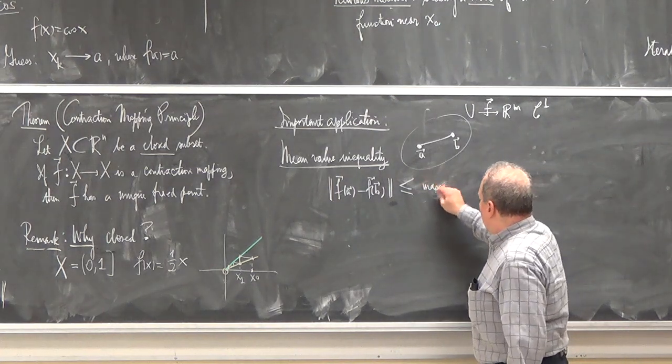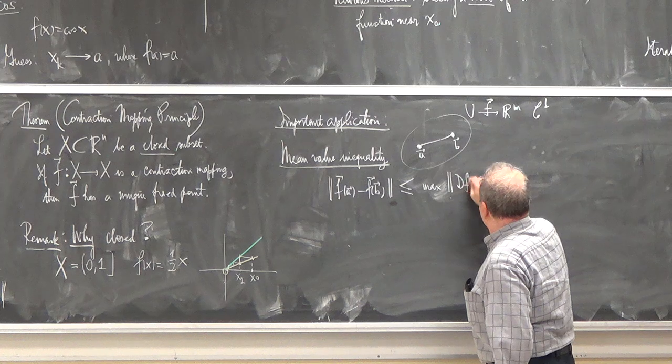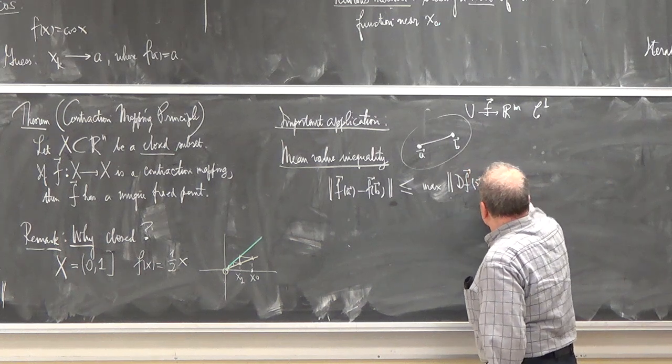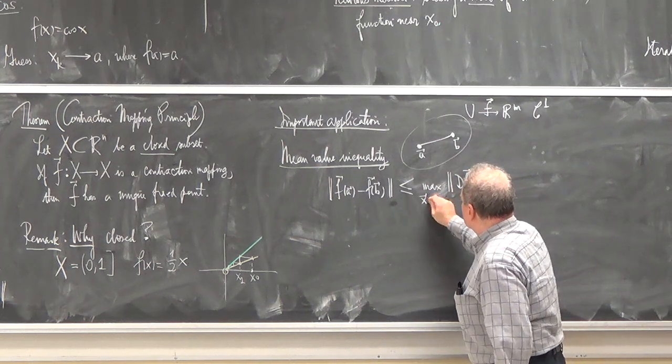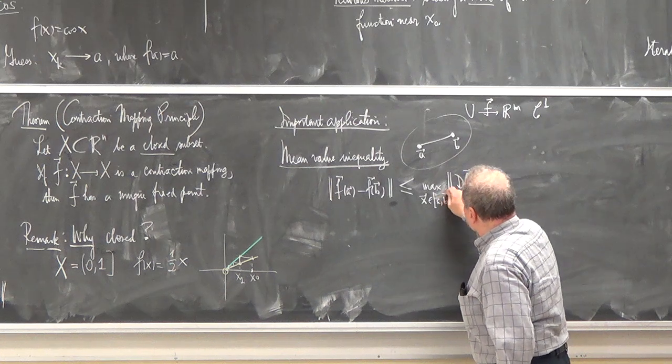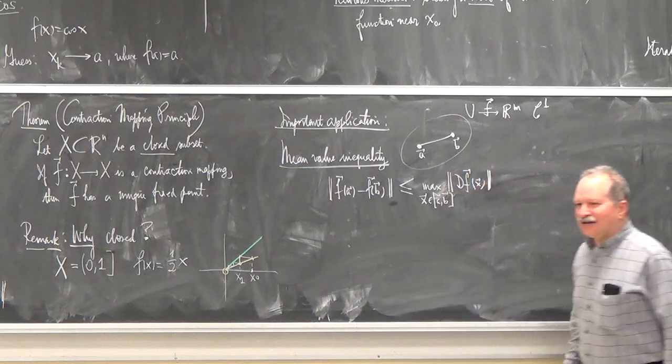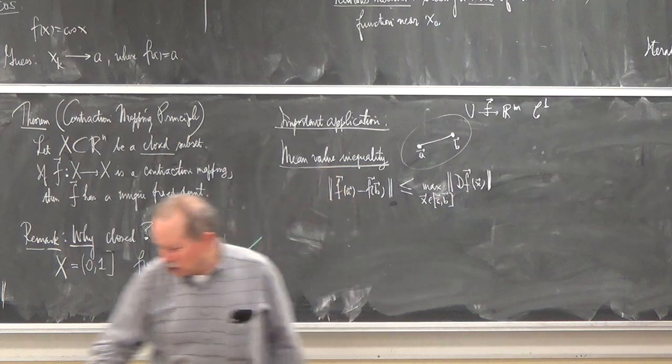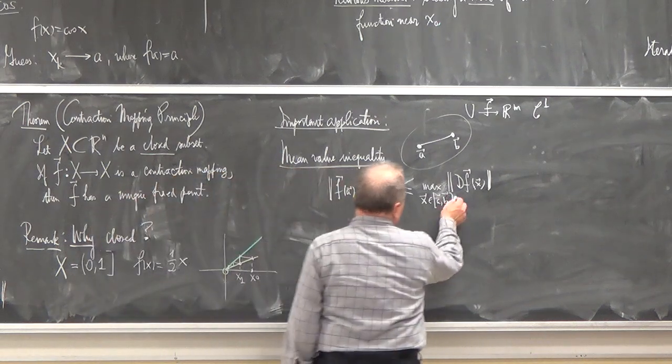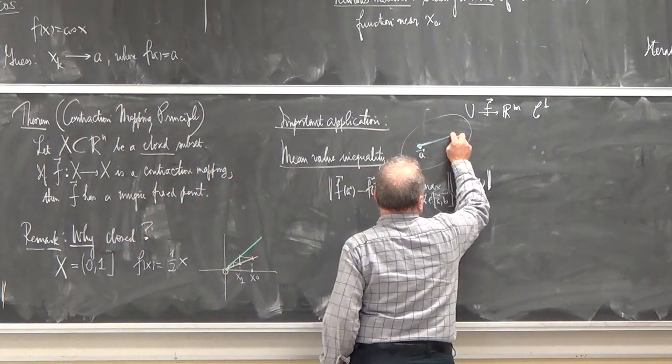The max of the norm of the derivative at all points between A and B. So I wrote this as a closed interval notation, which you guys didn't like, but this is just my shorthand for saying line segment from A to B.